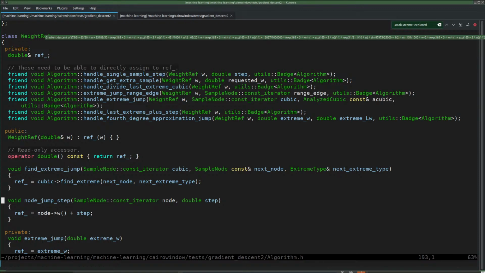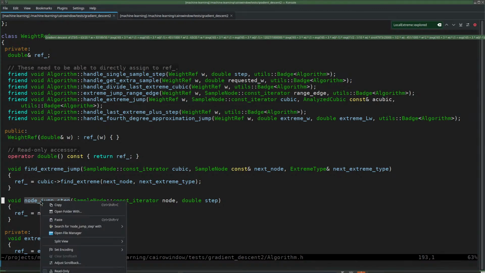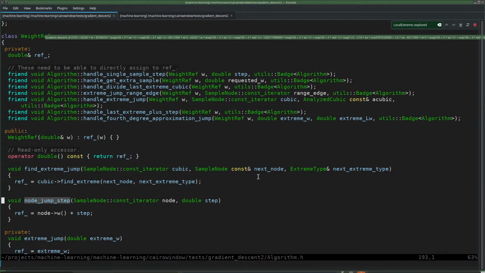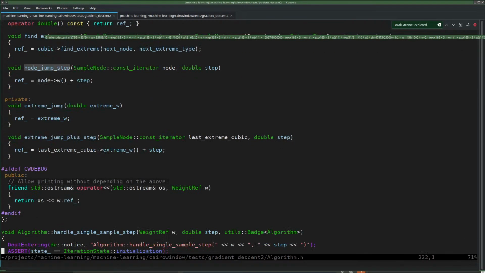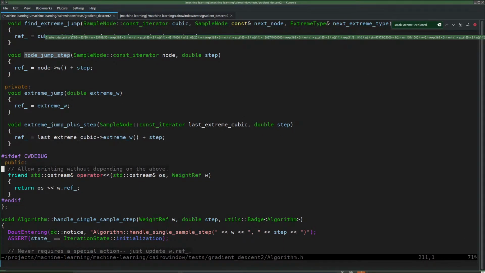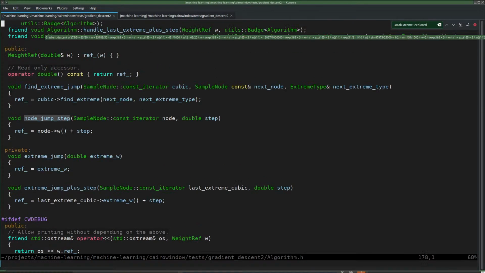I found a public function which I'm going to abuse. No jump step 0. Oh no, I want to do an extreme jump. I could just call that as private. Don't have it. We just don't have it. This is the one that I really want. This is exactly what I want.